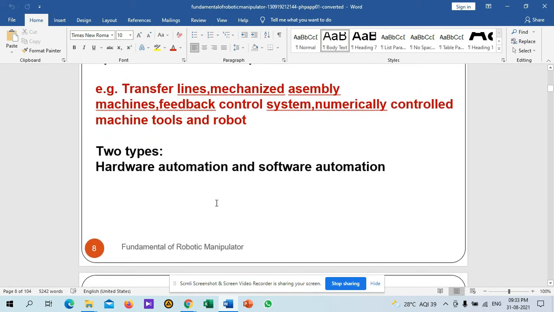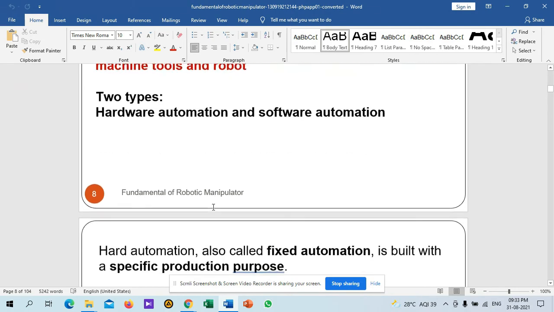types of automation. There are three types of automation. Here we mention only two: hardware and software automation. Hardware automation and software automation are further divided into two types. So totally there are three types of automation, right?